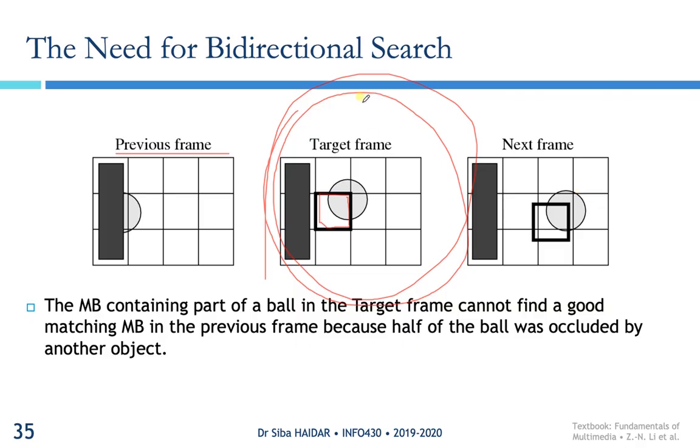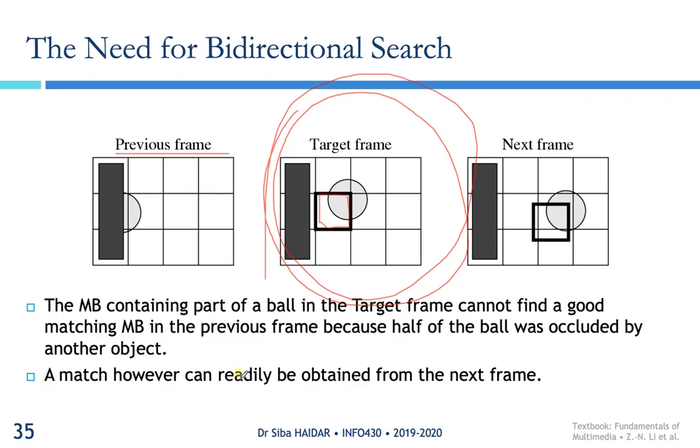The only trick here is that when you code, you code the previous frame, you code the next frame, and then you code the target frame, because the target frame will be relying on the next frame and on the previous frame. So a match, however, can readily be obtained from the next frame.